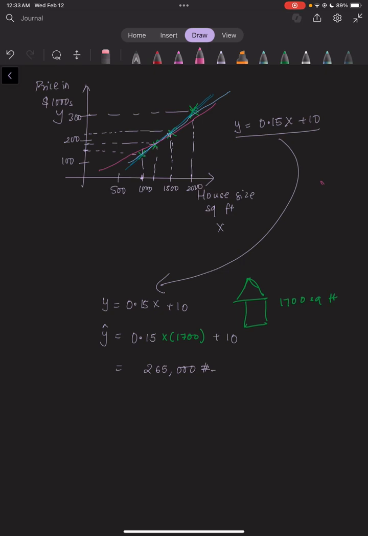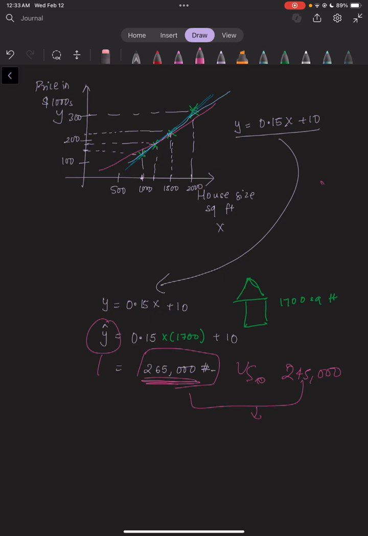The computer needs to find the best values for our W's and B so that the line is as close to the real data points as possible. It does this by minimizing the total error, which is the difference between our predicted value and the actual value. So basically what we predicted the house would go for versus what it actually went for. Our predicted value versus, let's say it actually got sold for 245,000.